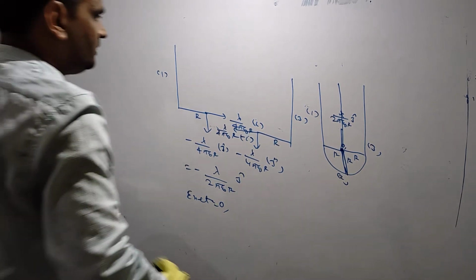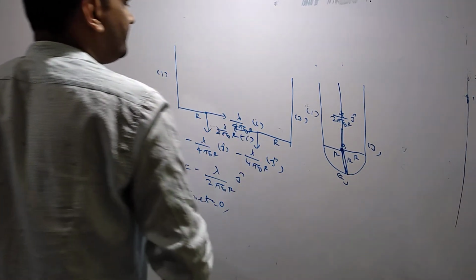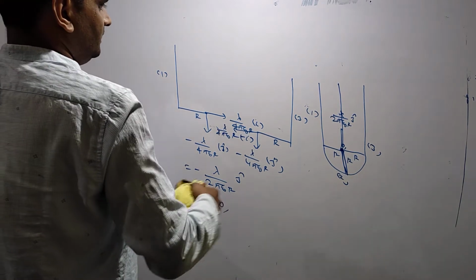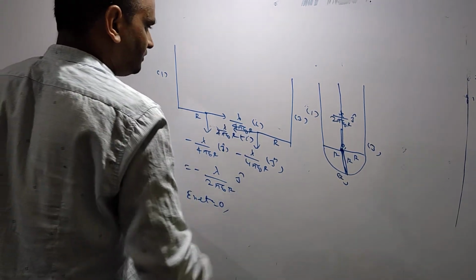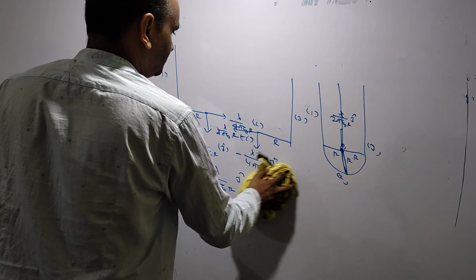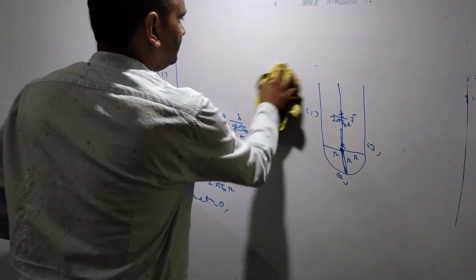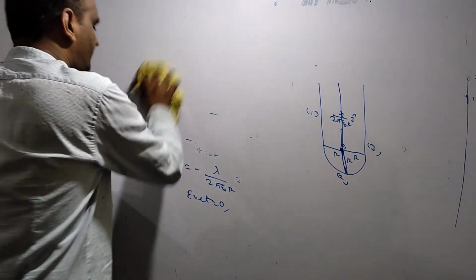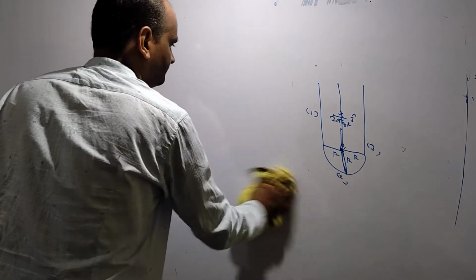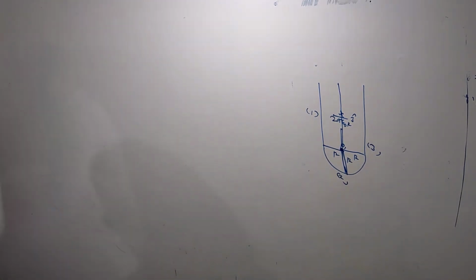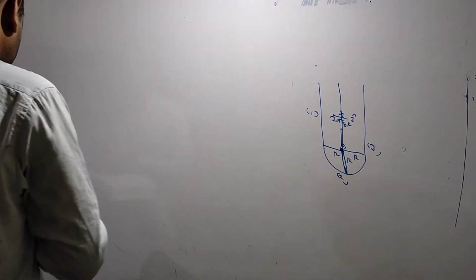No need to solve, but we have just expressed the expressions of electric field so that we can be habitual of this writing, and we can learn it keeping in mind the expression of the electric field.